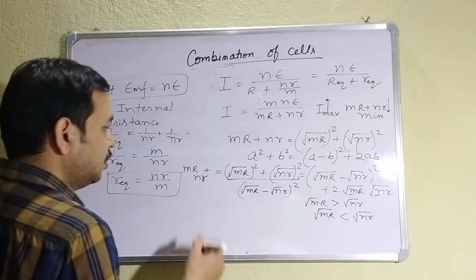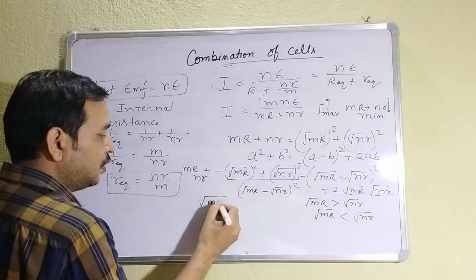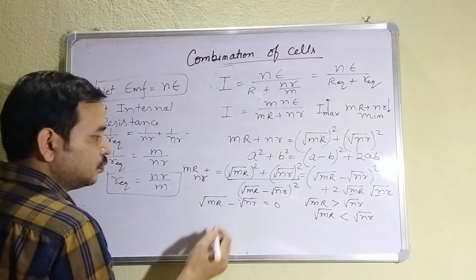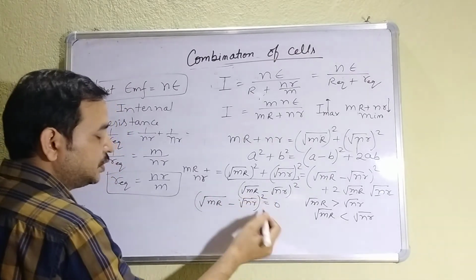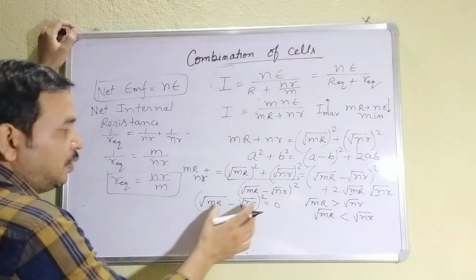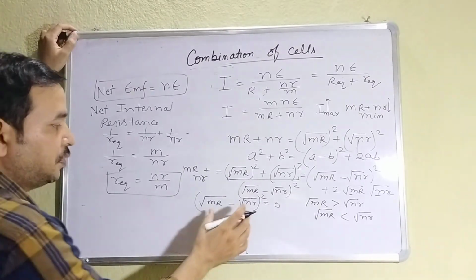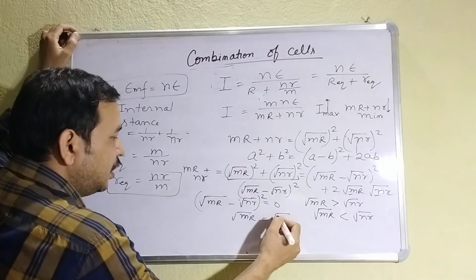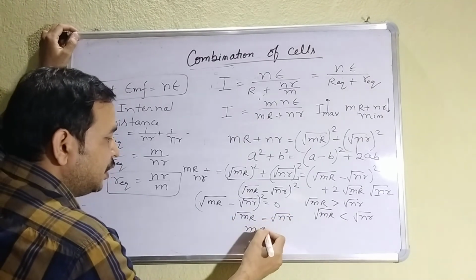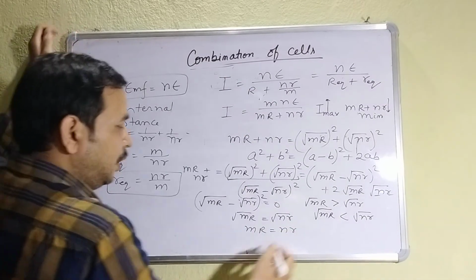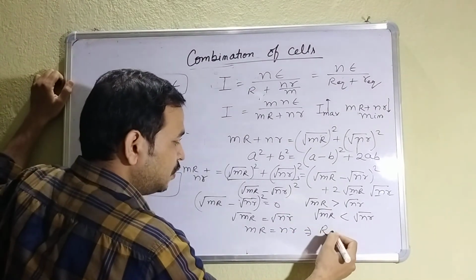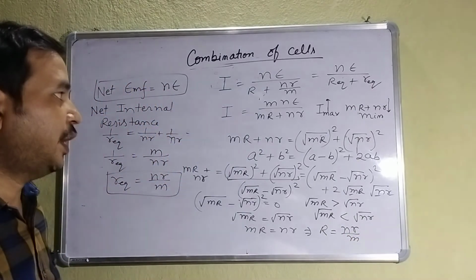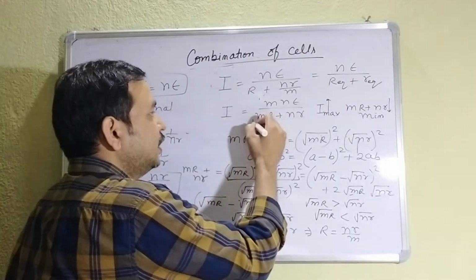But when root mR minus root nr is equal to 0, the whole square is 0, so if this is 0, you can see this will be the minimum value. You have to think yourself. So root under mR is equal to root under nr, means mR is equal to nr, means R is equal to nr by m. So we started from this, how to make this minimum.